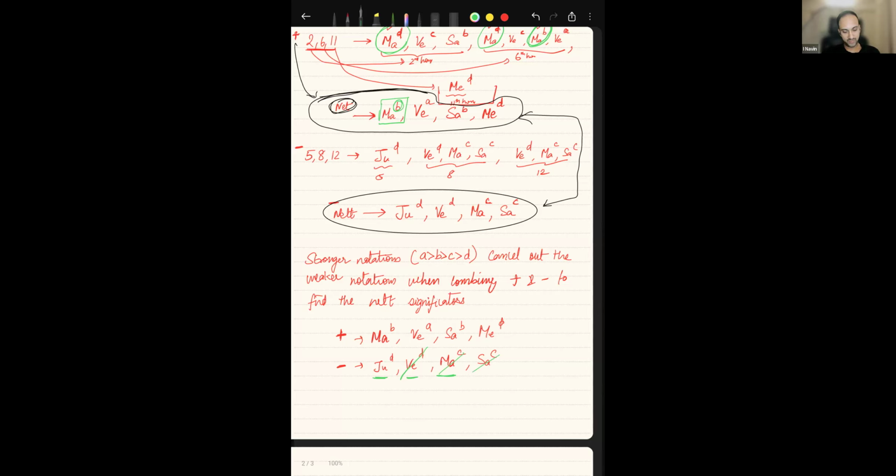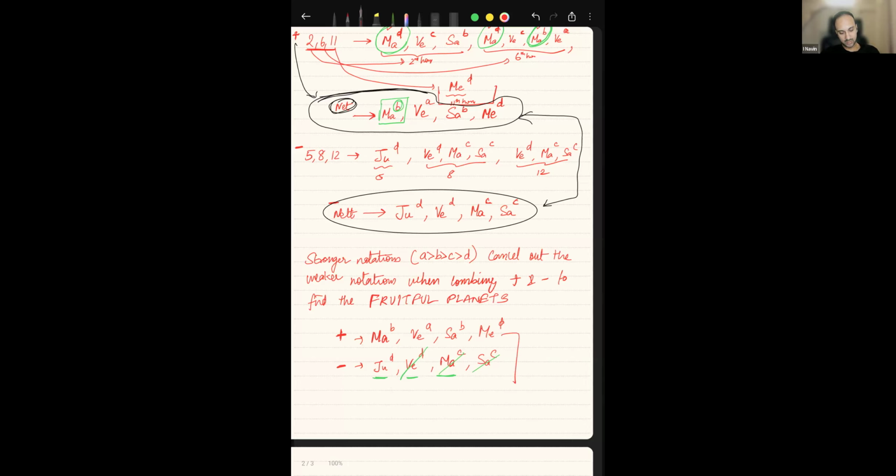I will not call it significators. Just a second, I need to modify this term. I'm going to call this fruitful planets. So from this, what do I have?